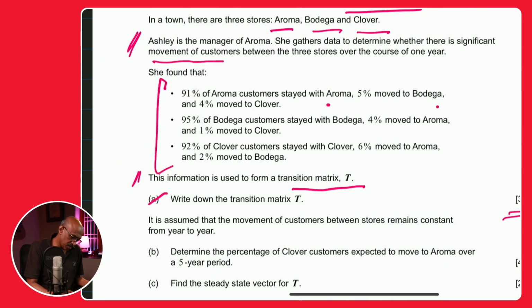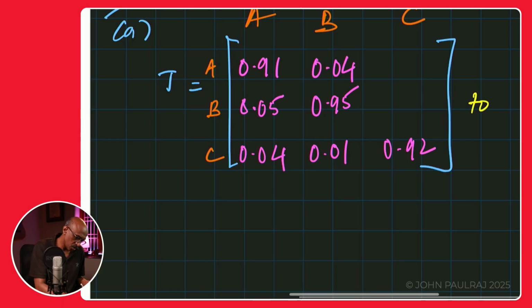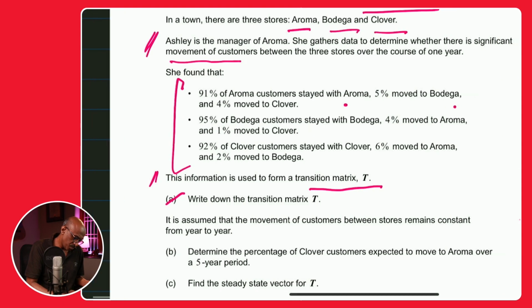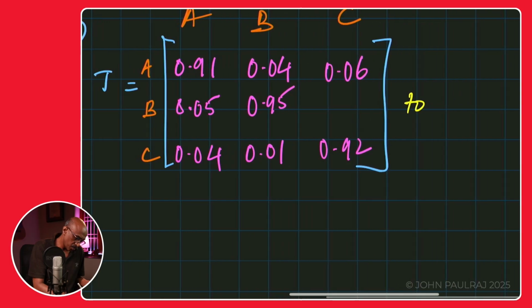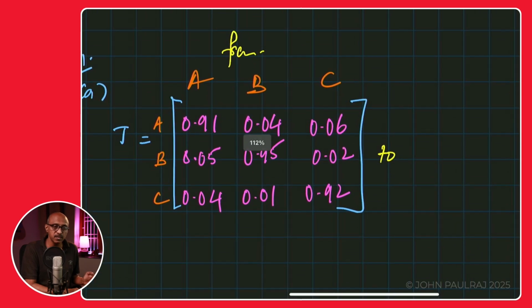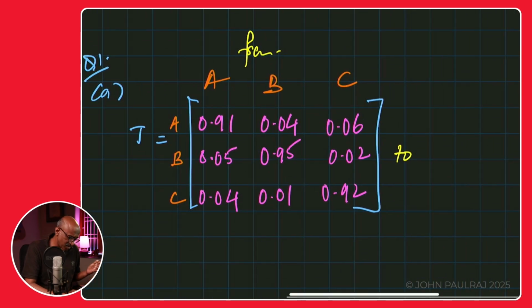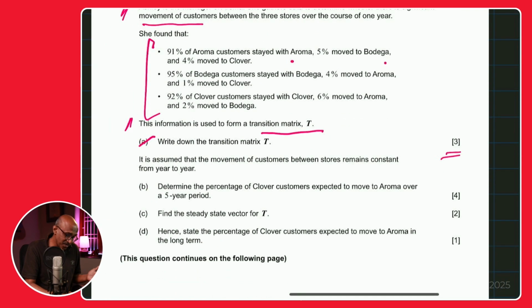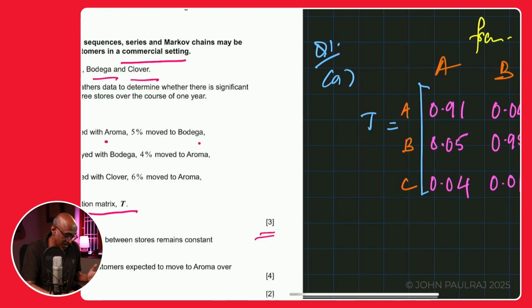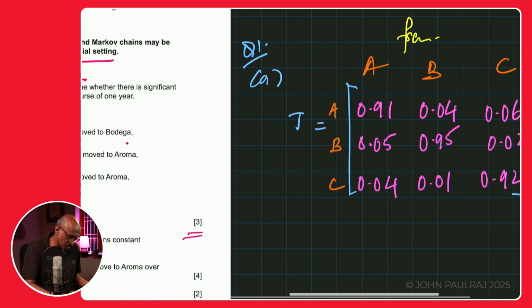And 6% moved to Aroma, 0.06. And 2% moved to Bodega, so 0.02. Keep this in mind. This is the transition matrix. This is just part A, and you've got 3 points just like that. No way you can miss out on 3 points just like that.